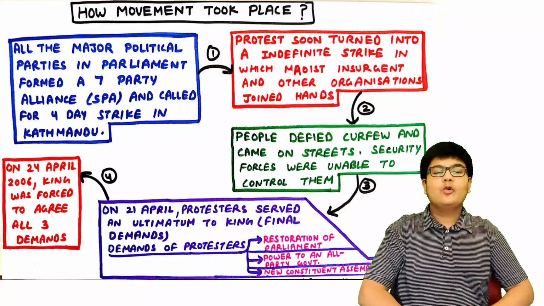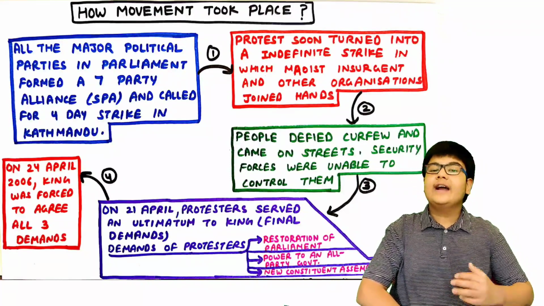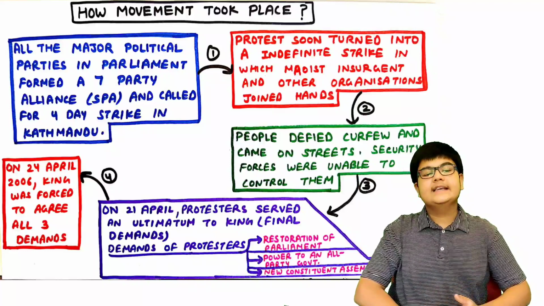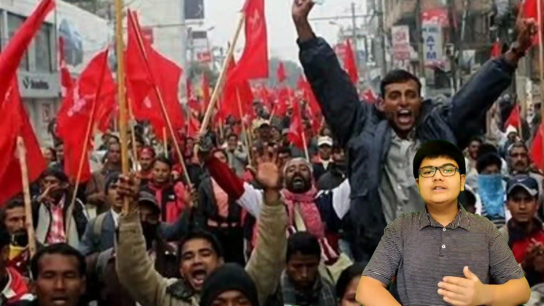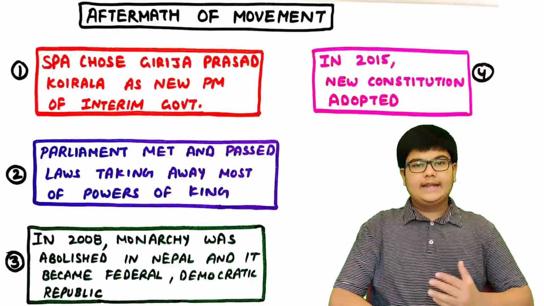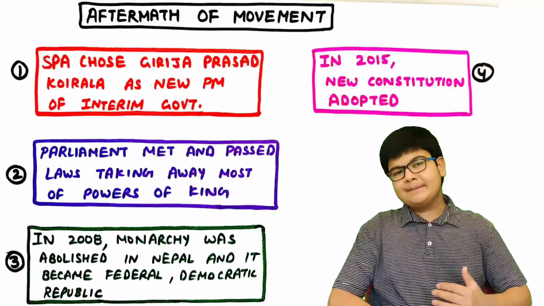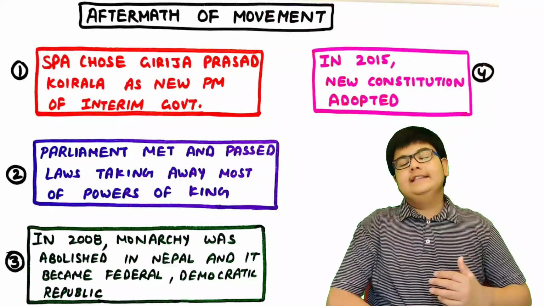On April 24, 2006, the king finally accepted all three demands, and the people's revolution was successful. After the success of the people's movement in Nepal, the SPA chose Girija Prasad Koirala as the new PM of the interim government.